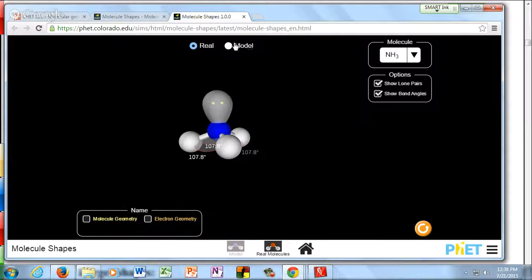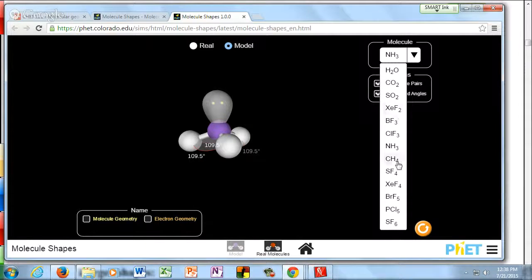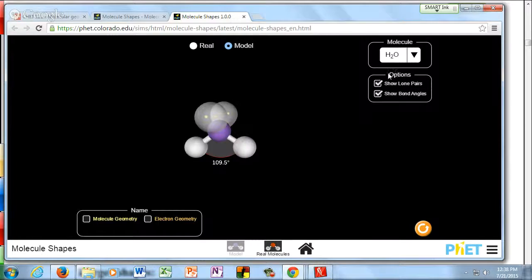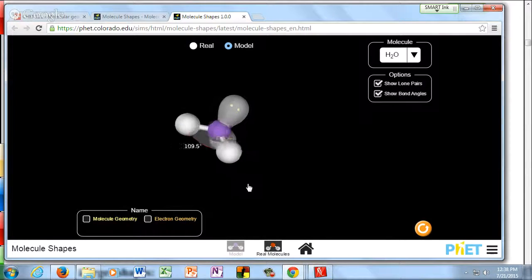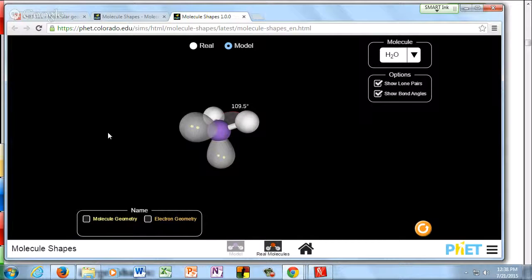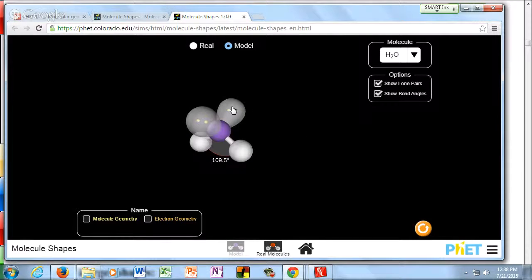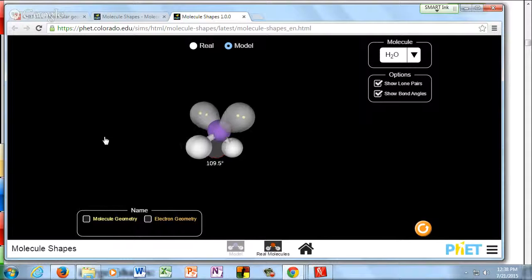If we look at water, we see something similar. So there's water with its electrons in that perfectly tetrahedral model. But since those electrons push down a little bit extra, we actually end up with a smaller bond angle for water of about 104.5. So that's that extra repulsion from those electrons.